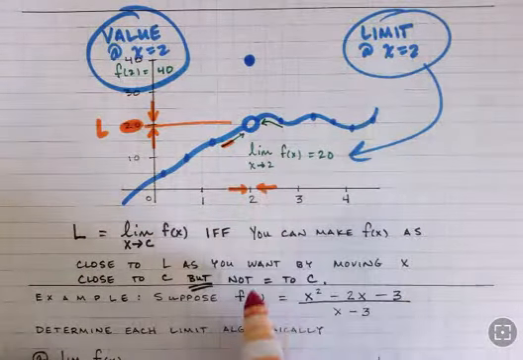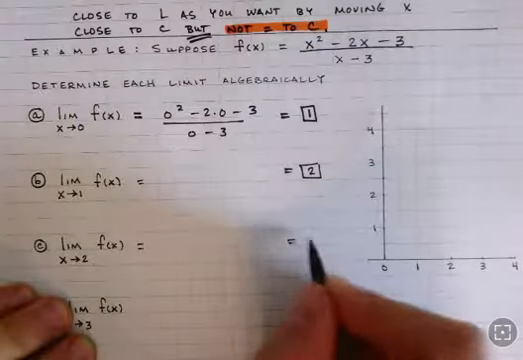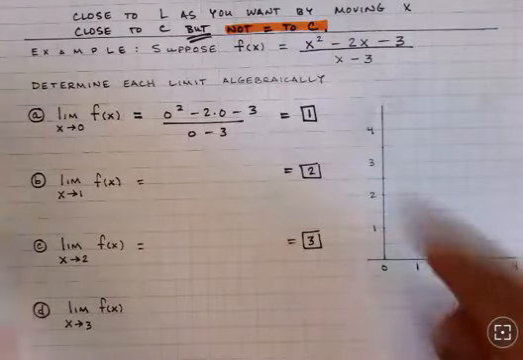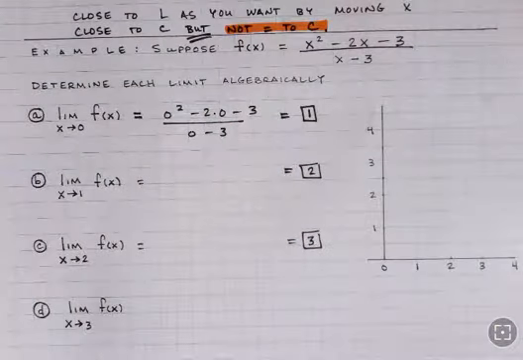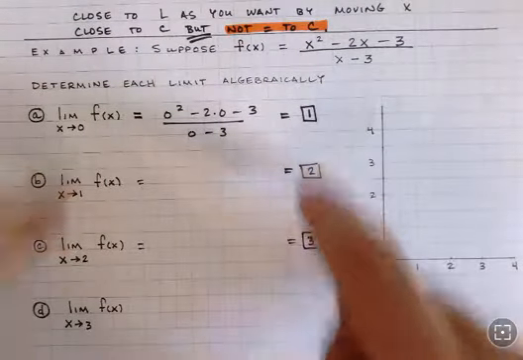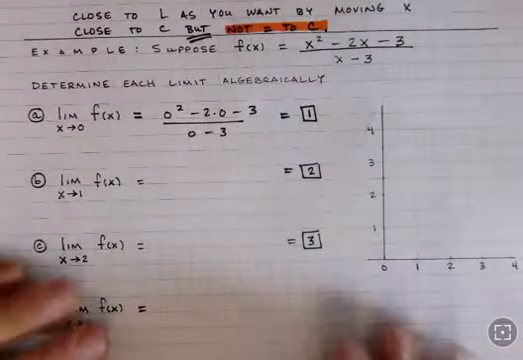And if you plug in 1, just trust me on this, you're going to end up getting 2. And if you plug in 2, you're going to end up getting 3. So in each of these cases, the limit is easy to find because it is just the same as the value. However, look what happens when we plug 3 in.